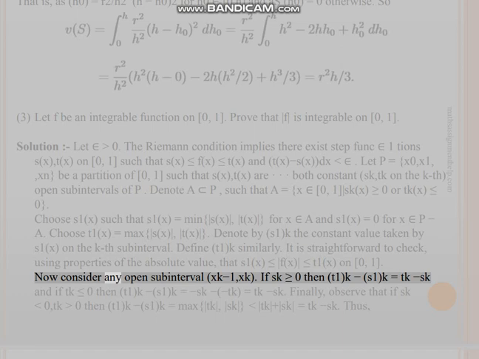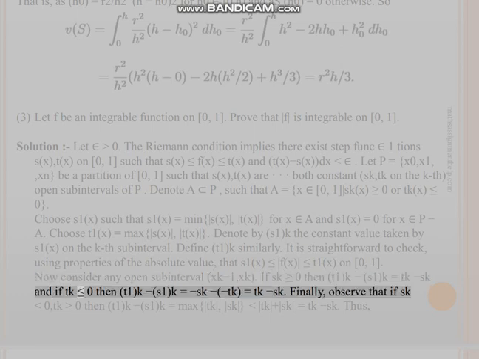Now consider any open subinterval (x_{k-1}, x_k). If s_k is greater than or equal to 0, then T1_k minus S1_k equals t_k minus s_k, and if t_k is less than or equal to 0, then T1_k minus S1_k equals minus s_k minus t_k, which equals t_k minus s_k.